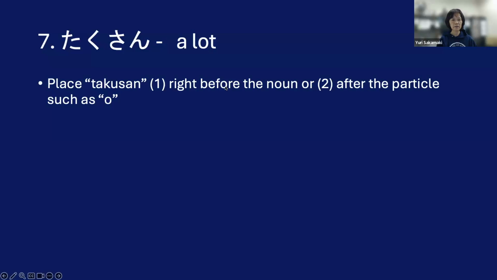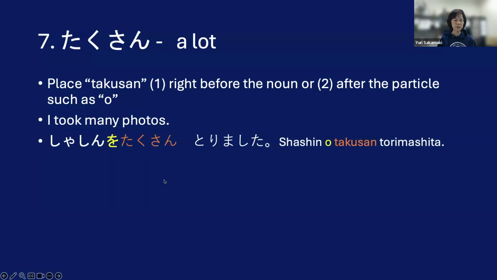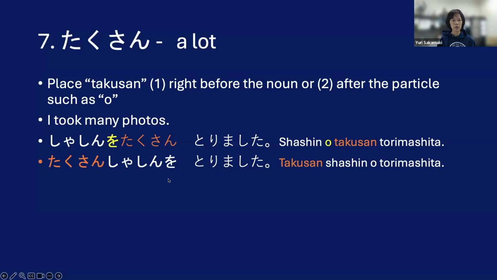So place たくさん right before the noun or after the particle, such as を. So if you want to say, I took many photos, then you can use たくさん after を. 写真をたくさん撮りました。You took many photos. Or you can say たくさん写真を撮りました。Both are fine.